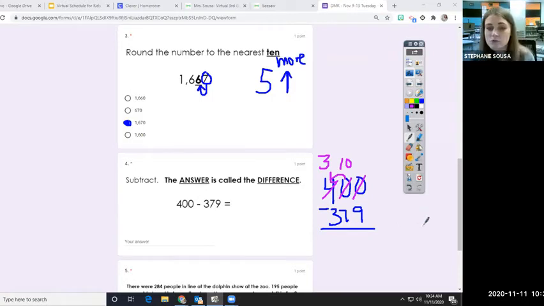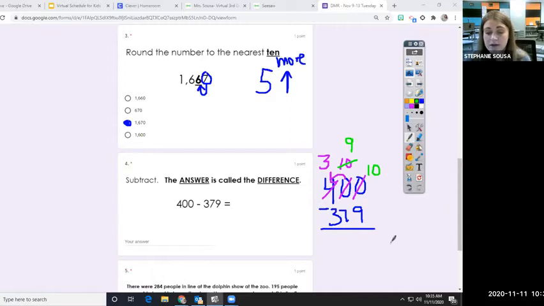We have not subtracted yet. We've only regrouped. Now I can get a 10 here by borrowing from our tens place. So we have 9 tens now and 10 ones. This is still equal to 400. 390 plus 10 is equal to 400.